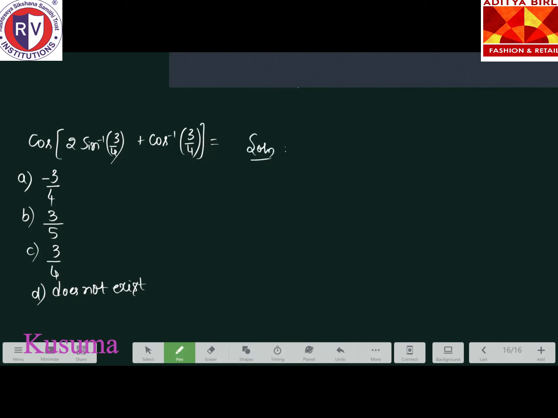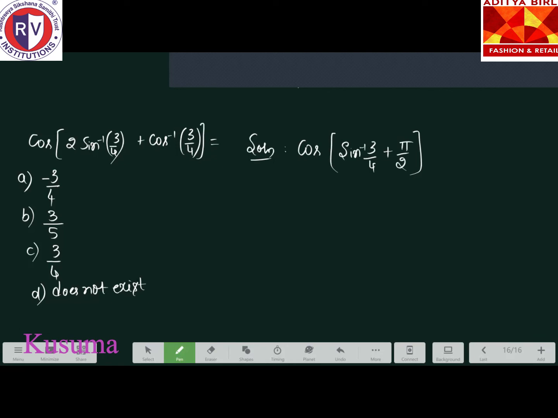Okay. So here, this can be written as cos of sin inverse of 3 by 4 plus pi by 2. Right? Because sin inverse 3 by 4 plus cos inverse 3 by 4 is equal to pi by 2. And one more sin inverse 3 by 4 will be left.